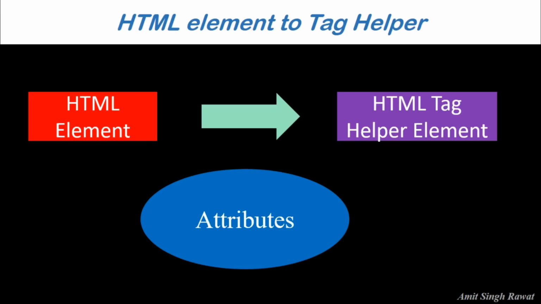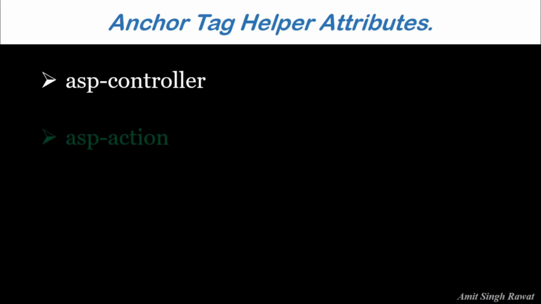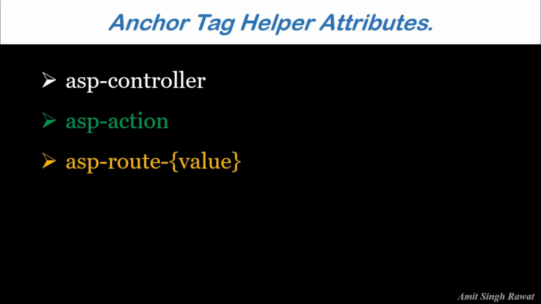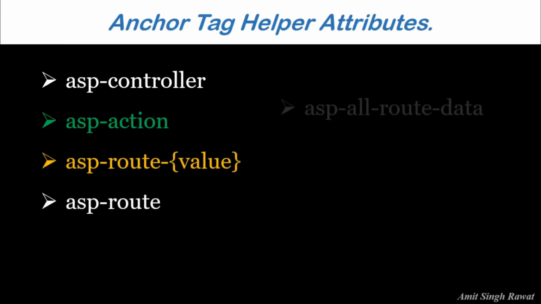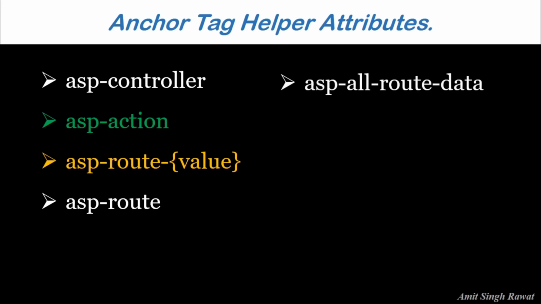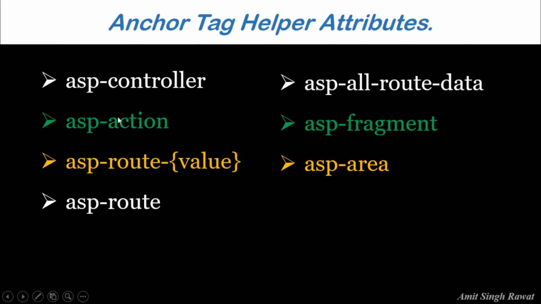So here is a list of attributes exposed by the anchor tag helper: asp-controller, asp-action, asp-route-value, asp-route, asp-all-route-data, asp-fragment, and asp-area. We will try to cover all of them as we go through this tutorial, but for now, just focus on asp-controller and asp-action. Let's use them in the delete employee link.